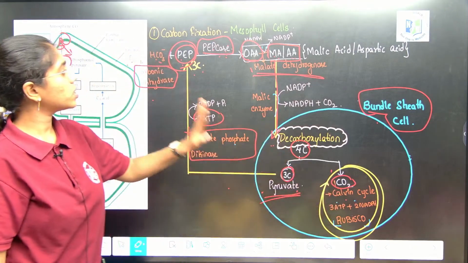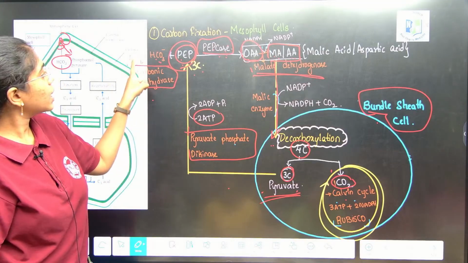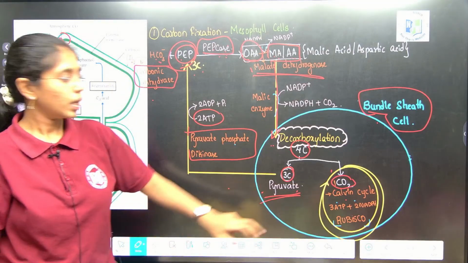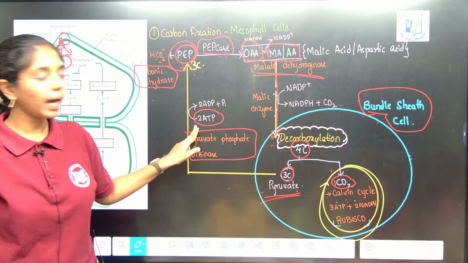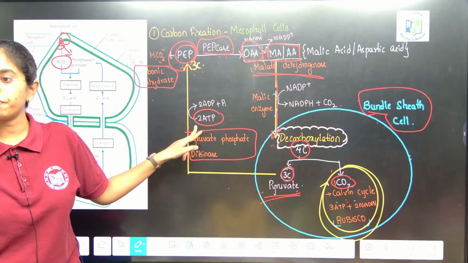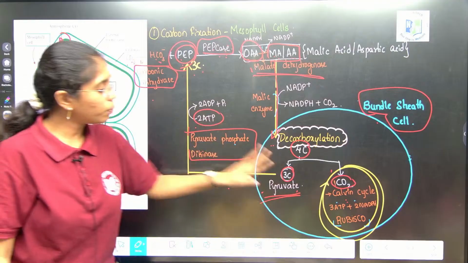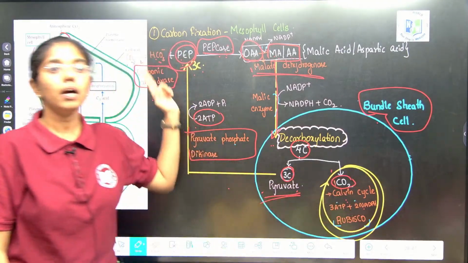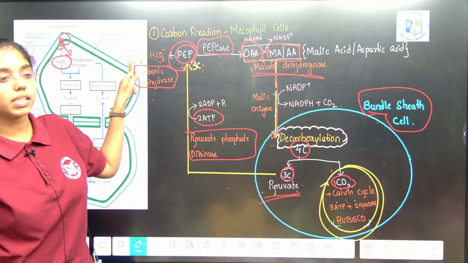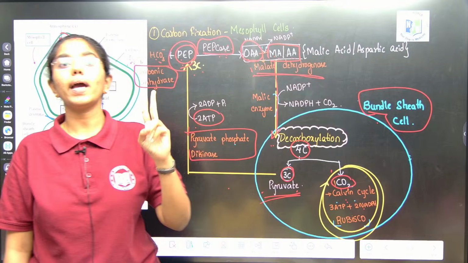And here if you see, how many amount of ATP are required for single carbon dioxide fixation? 3 ATP are required in Calvin cycle and 2 ATP are required for regeneration of pyruvate. Total how many? 5 ATP. Okay. How much NADPH? 2 NADPH in Calvin cycle. So total for 1 carbon dioxide fixation in C4 cycle, 5 ATP and 2 NADPH are required.